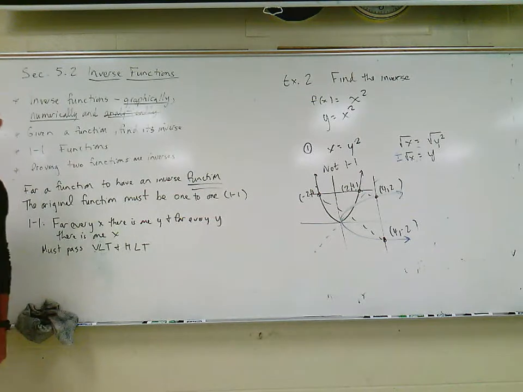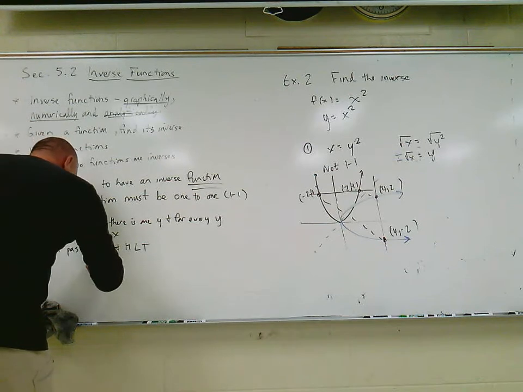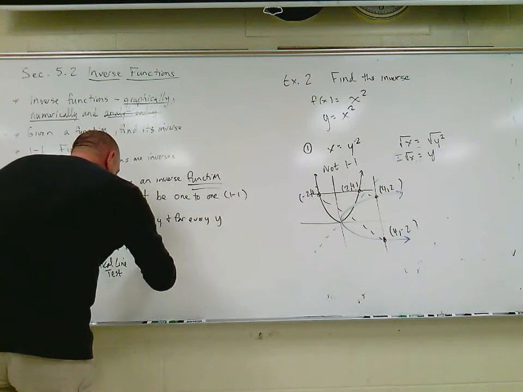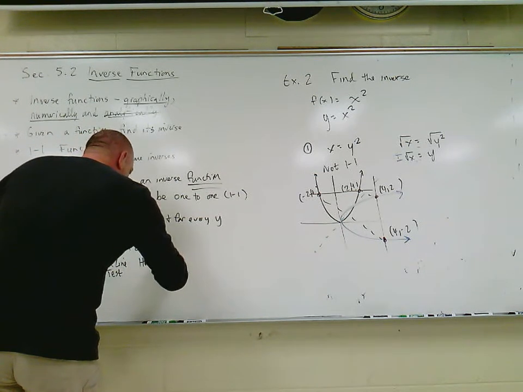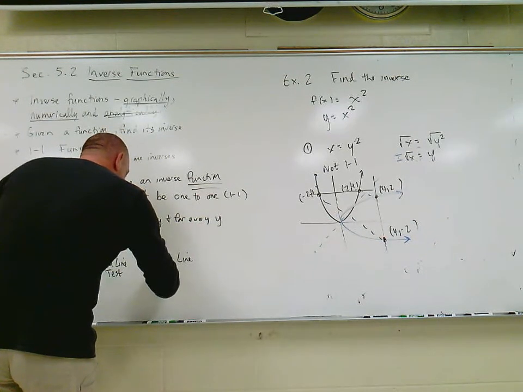What's VLT? Vertical line test. What's HLT now? Yeah. So V is vertical line test, and HLT is horizontal line test. That means if I draw a vertical or horizontal line, it can only cross once.